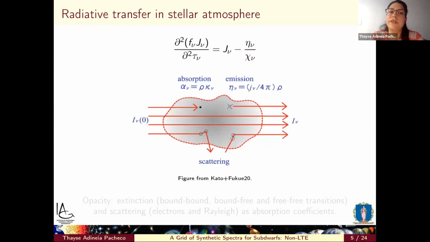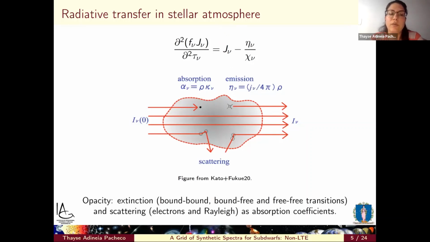The radiative transfer in the atmosphere is described basically by this second order differential equation, in which we have a balance between mean intensity and sources, and we have extinction and scattering as absorption coefficients that contribute to atmosphere opacity.